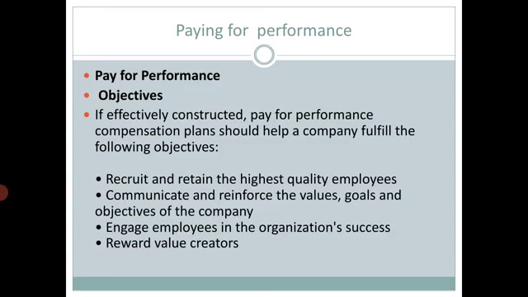Then communicate and reinforce the values, goals and objectives of the company. What it means? You should always communicate the values, goals and objectives of the company. Why?